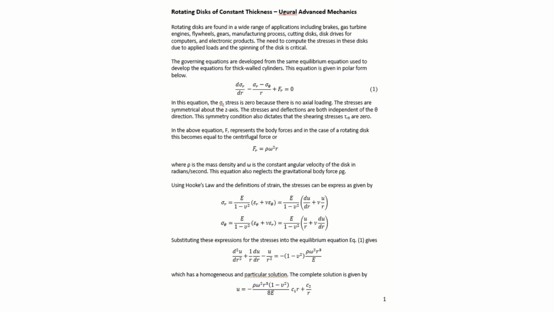And when you're spinning that fast, the stresses can become very large. And so it's important that we understand what effect the speed and any initial pre-stress might have on the disk and the stresses that develop in that disk as it spins so that it doesn't come flying apart.